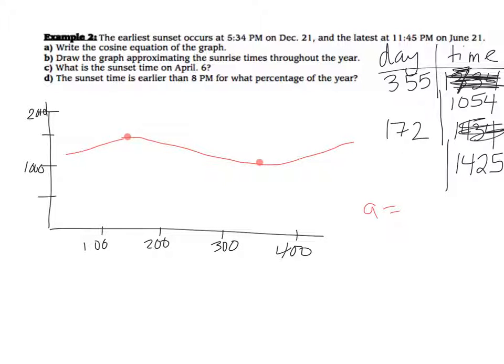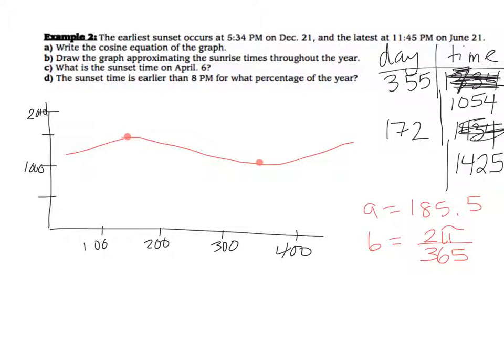And then divide by 2. 185.5. Okay, good. Phew, maybe I'm back on track. We need to find the period. What's the period of this? 365, right, because it's a full year. So B is equal to 2 pi over the period, 2 pi over 365.